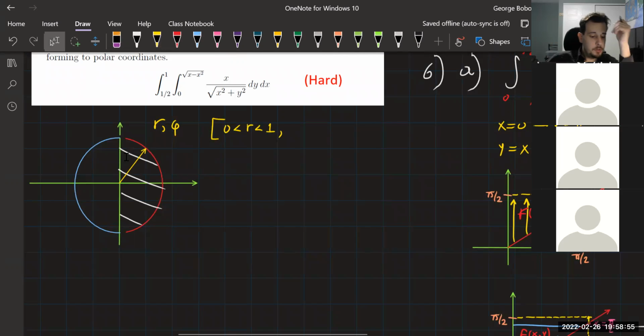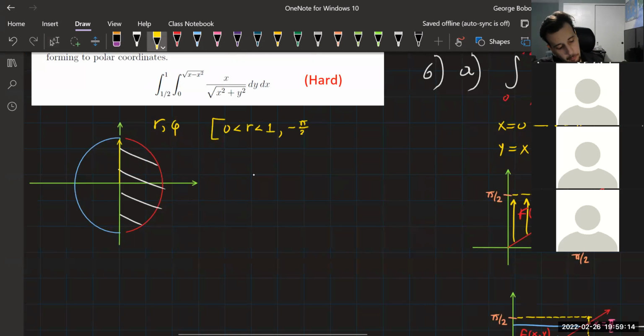And then do you see our phi, what it will vary from and to here, Olivia? Again, phi is the angle with respect to the x-axis. Do you see what it would go to? Negative pi over 2 to pi over 2. Beautiful. There we go. That is your shape. That is your integrand, basically in polar coordinates.